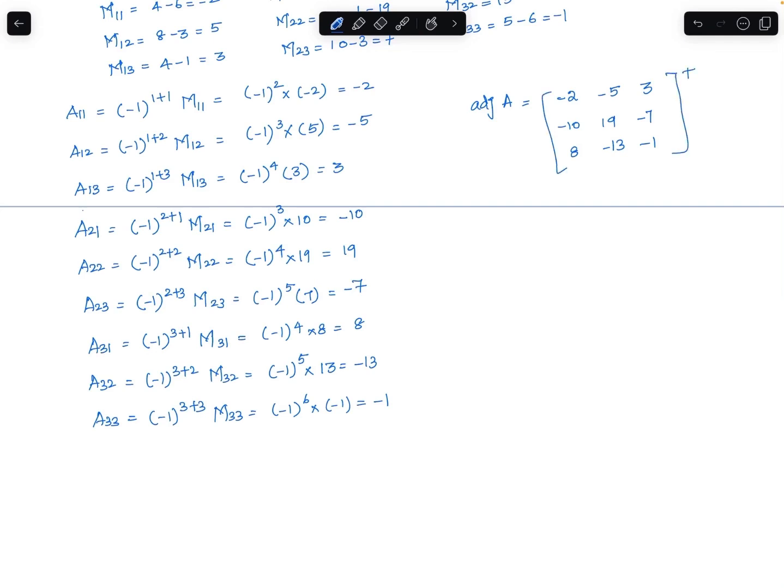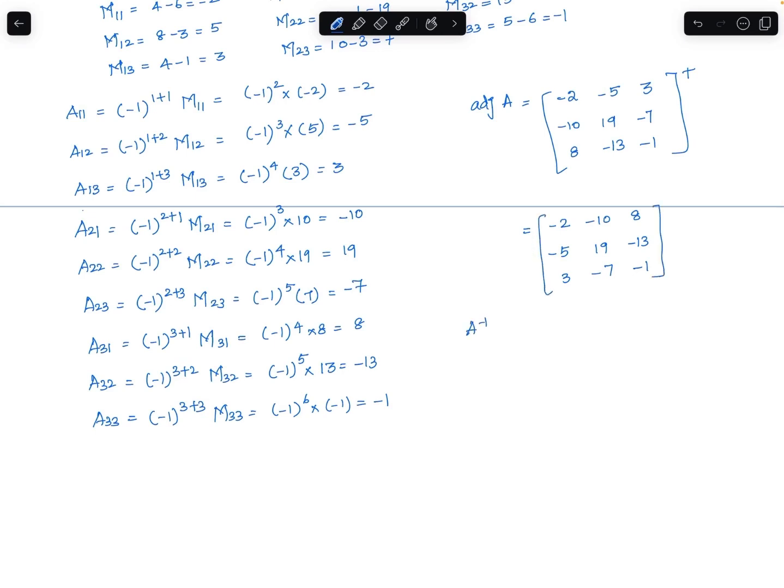The transpose of which is minus 2, minus 10, 8 in the first row, minus 5, 19, minus 13 in the second row, 3, minus 7, minus 1 in the third row.